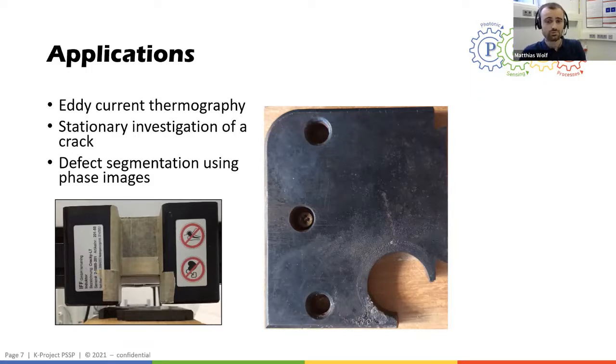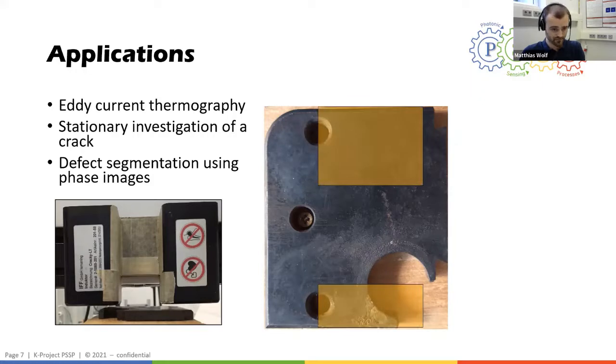By positioning the inductor in such a way that the direction of the eddy currents, which is shown here, is approximately perpendicular to the crack direction, we can achieve really large temperatures at the tip of the crack, which I have highlighted here.